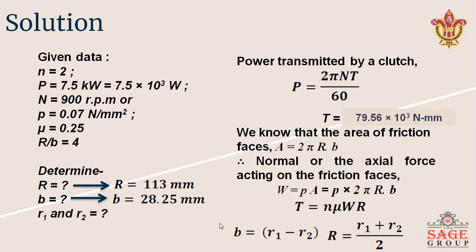Now we have the values of b and capital R, and only two unknowns, R1 and R2. Two unknowns and two equations, so we can easily calculate the values of R1 and R2 by solving these two equations.